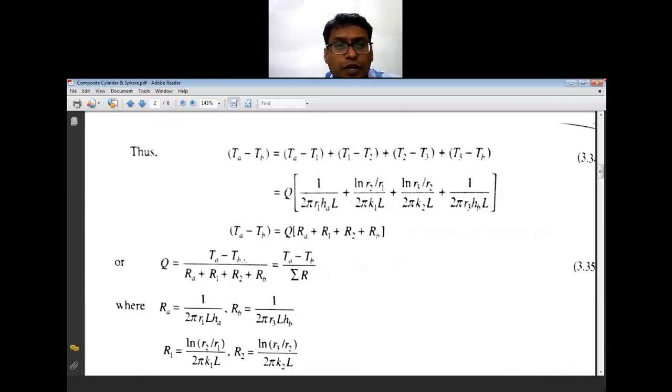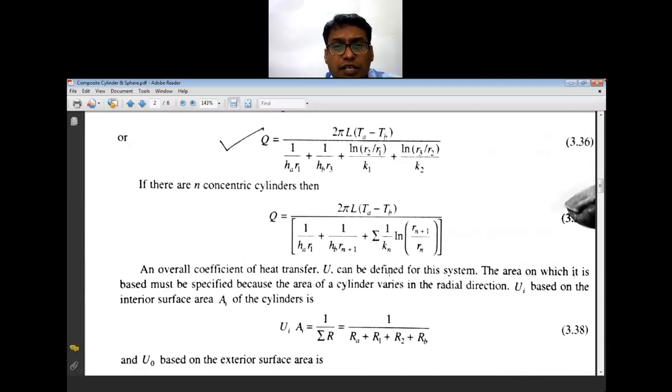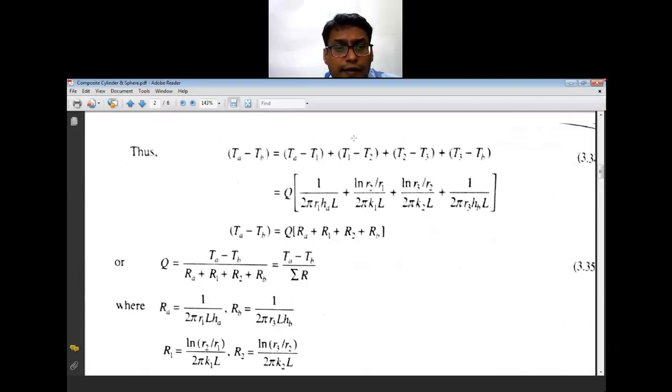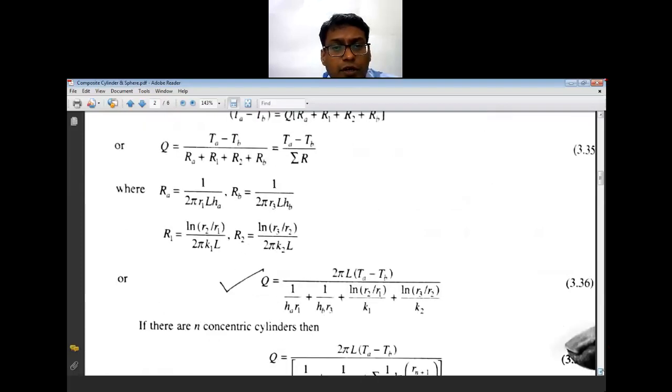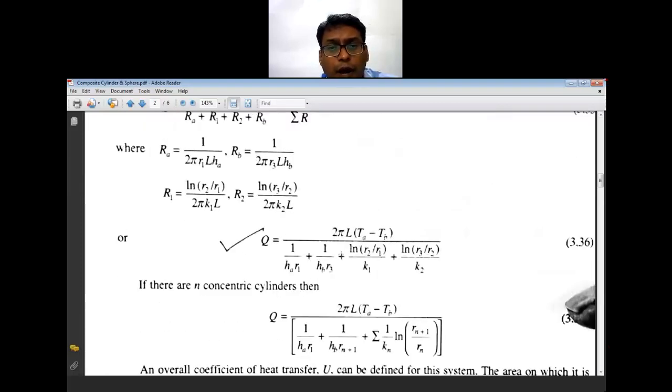So all the resistances have been taken into account, and here the 2 pi L into Ta minus Tb we have taken as common. 2 pi L is there in every resistance, so that is taken as common.